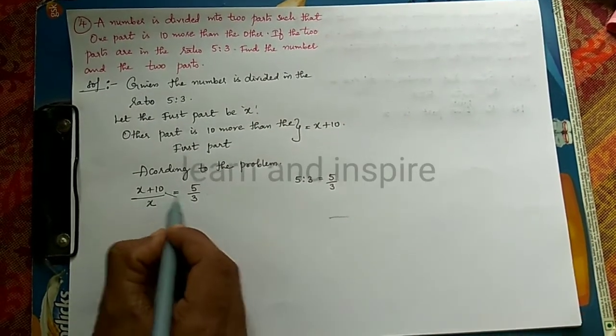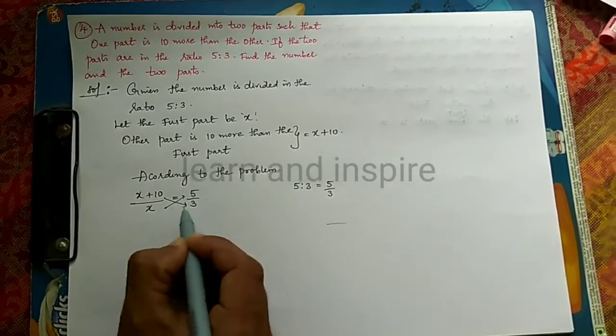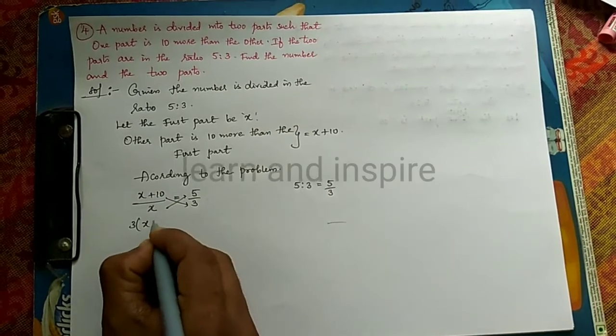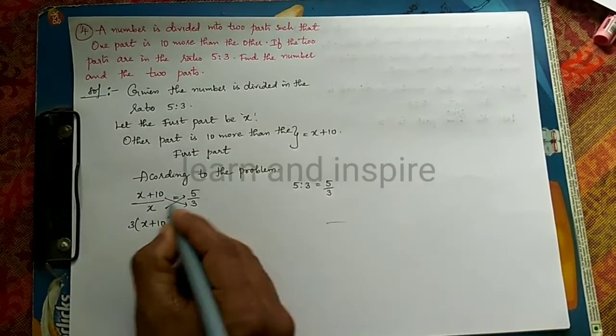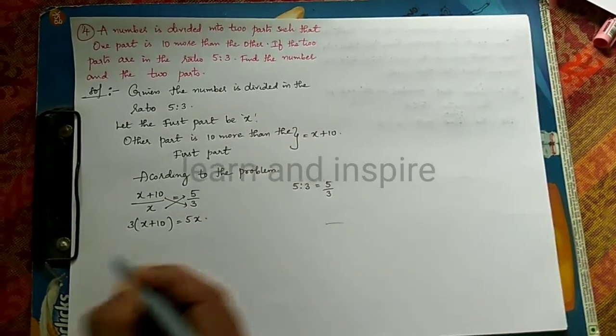Now we can cross multiply this. So 3 into (x plus 10) is equal to 5 into x.